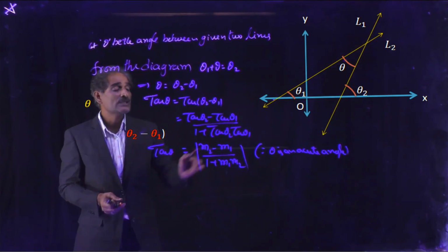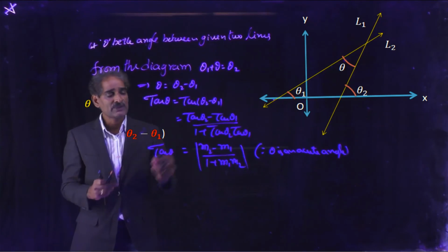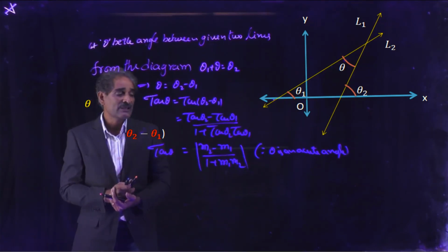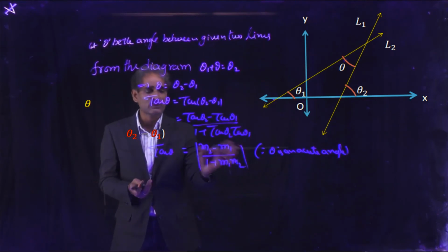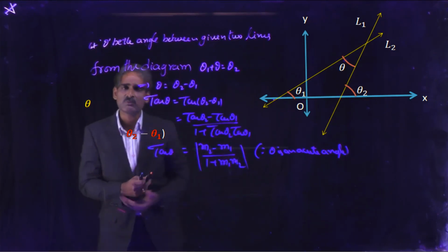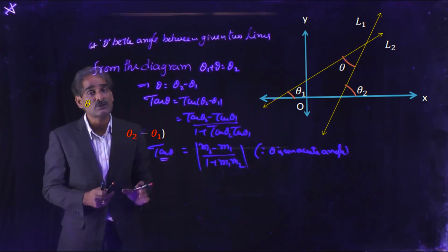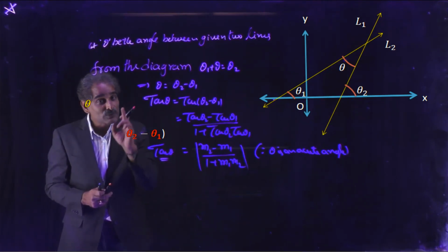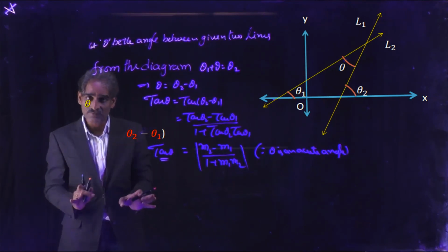So now M1 and M2 are the slopes of the two lines. Theta is the angle between them, and tan theta equals the modulus of M1 minus M2 by 1 plus M1 M2. Otherwise M2 minus M1 mod is there. We can write M2 minus M1 or M1 minus M2. Understand? This is the formula to find the angle between them, when the slopes of the two lines are defined and the angle between them is not 90.